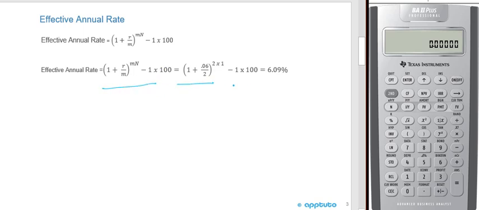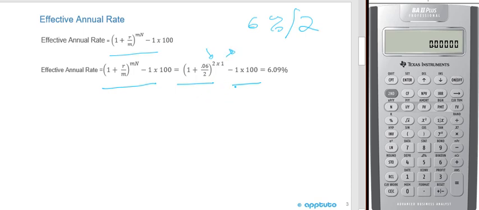Okay, this slide is just writing out the algebra in more detail. We did it fairly quickly on the previous slide. So there's the formula, and we're doing 6% compounding twice a year, semi-annual. How do we calculate the effective annual rate? 1 plus the 6% divided by 2. So the keystrokes are 0.06 divided by 2 plus 1, y to the x, 2. That's the number of compounding periods per year, and n is 1 year.